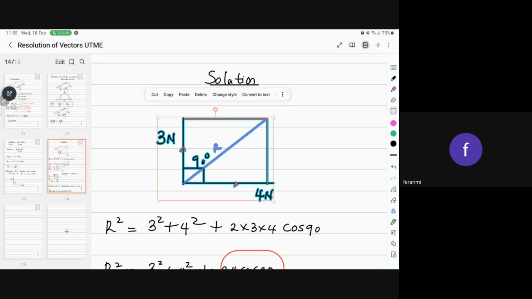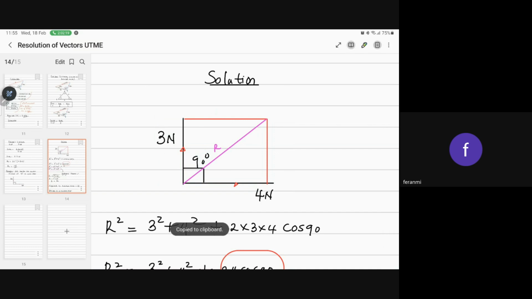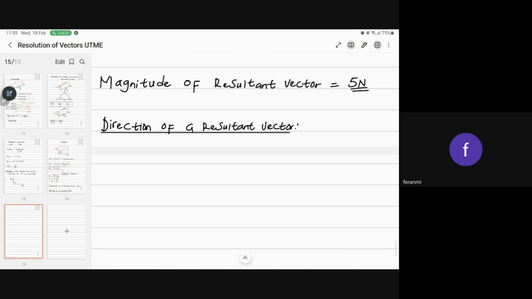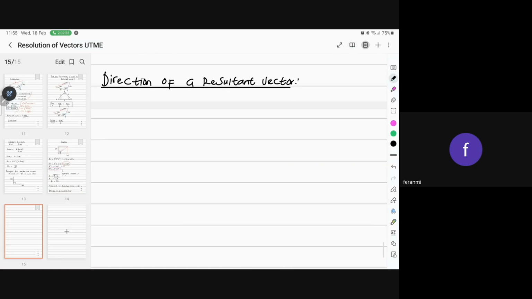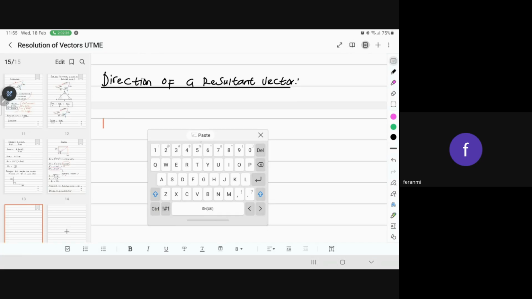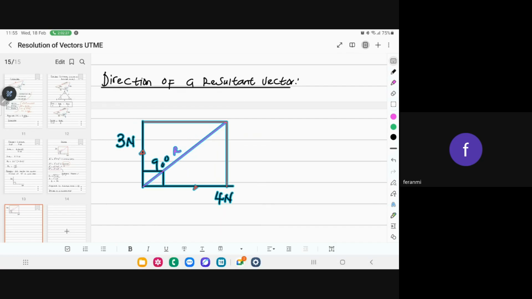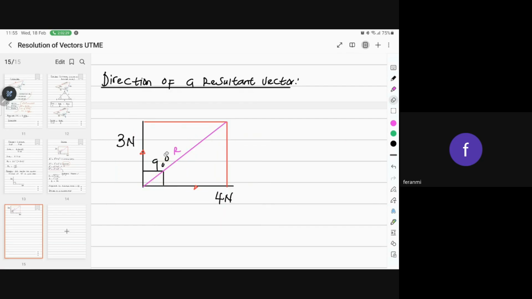How do you get the direction of the resultant vector? If they're acting at 90 degrees, there's no need using the sine rule. You only do that if they're not acting at 90 degrees. I'm looking at the angle between this resultant and here. There's an angle here. Now we have that the resultant is equal to 5 Newton.